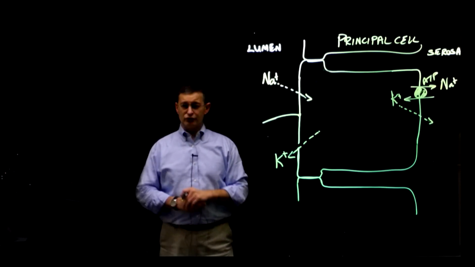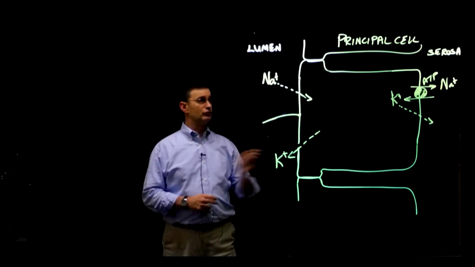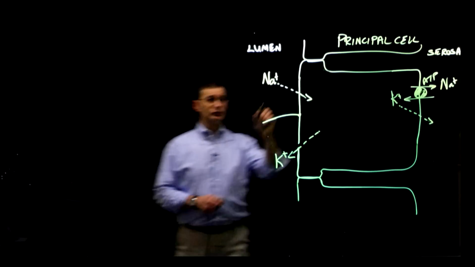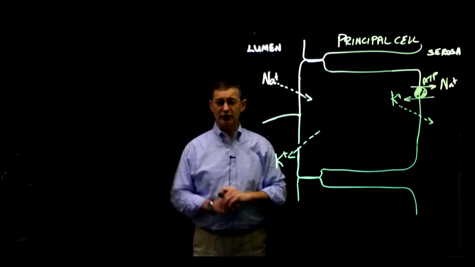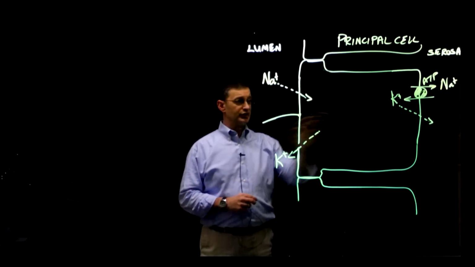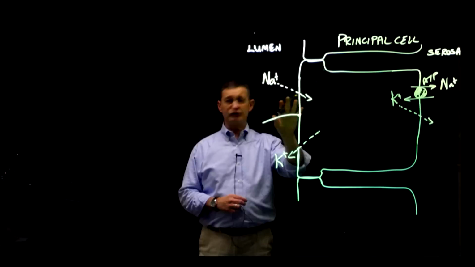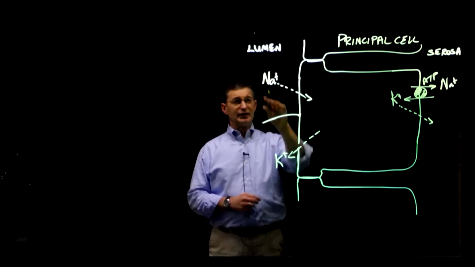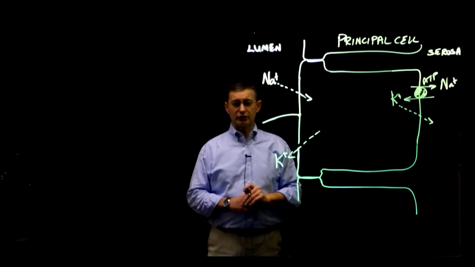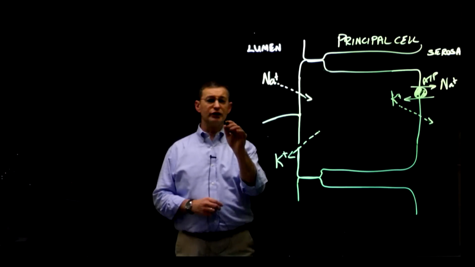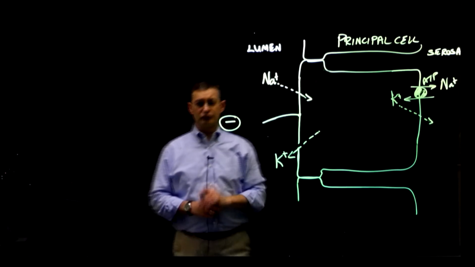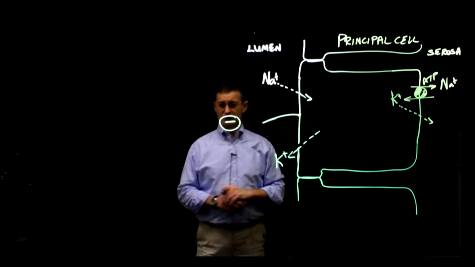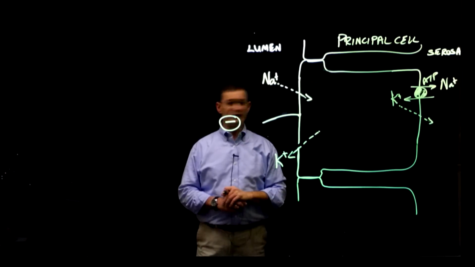So just to take you through the process by which sodium is reabsorbed in the principal cell, you'll remember that sodium moves down its electrochemical gradient into the cell passively through the sodium channel in the apical membrane. As sodium moves down that electrochemical gradient, it leaves behind chloride, and the lumen of the nephron develops a negative net charge.